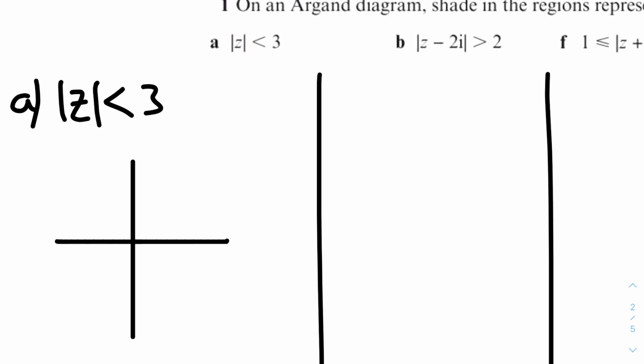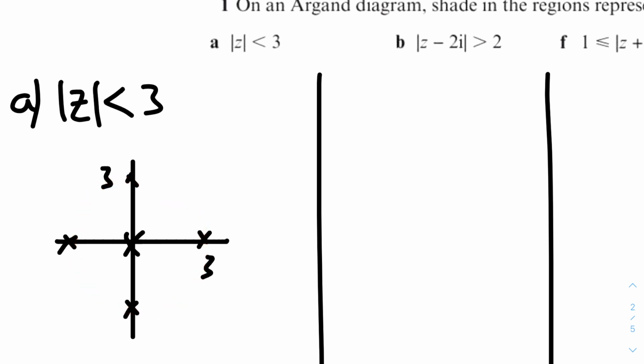So it's just situated in the origin, so right here. And we know that it has to be 3 units away from the center, so the radius will be 3. So this will be 3, minus 3, and minus 3. So we just have to connect the whole circle around.